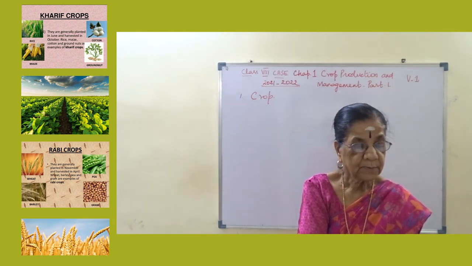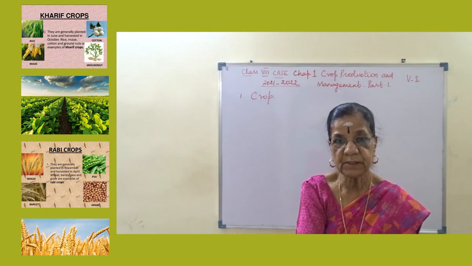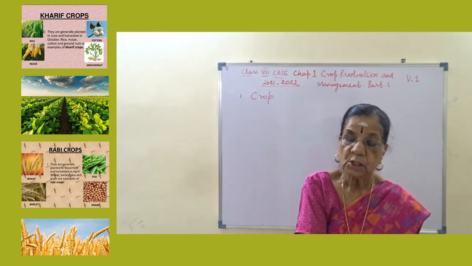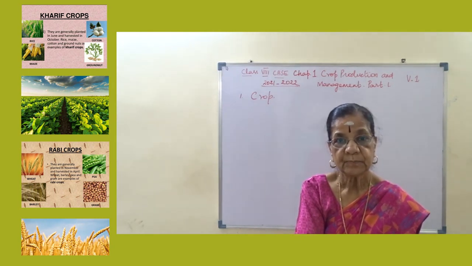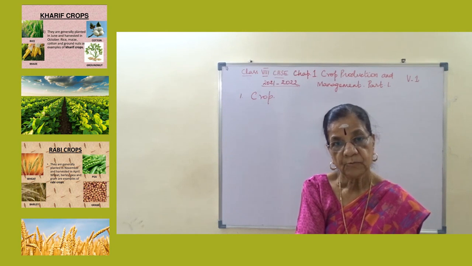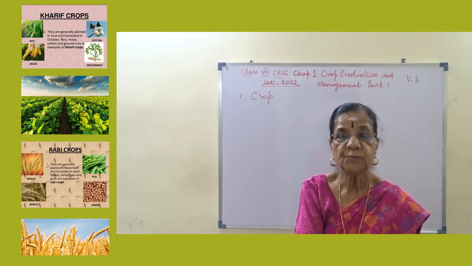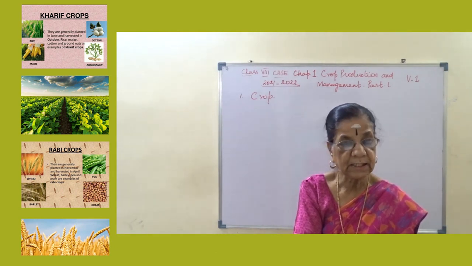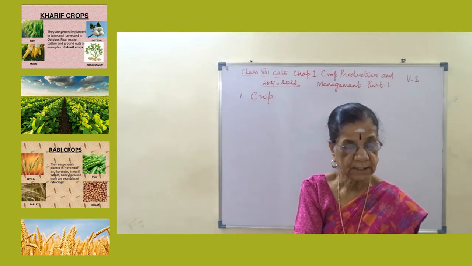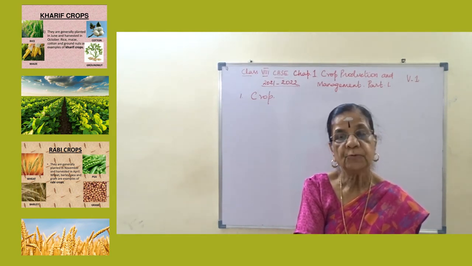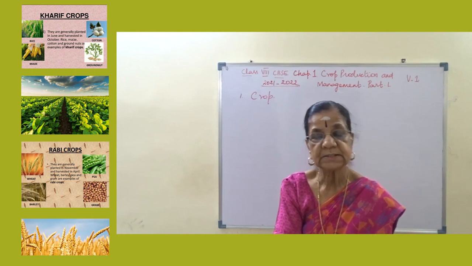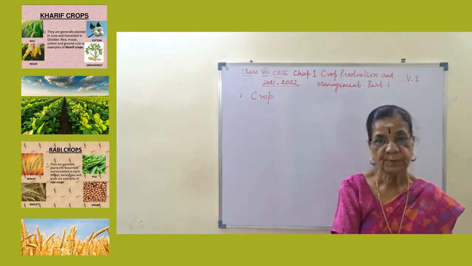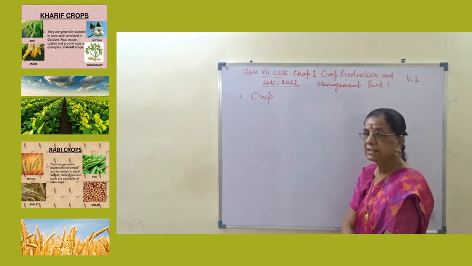When plants of the same kind are grown and cultivated on a large scale, it is called a crop. I hope you understand. So this we call a crop.